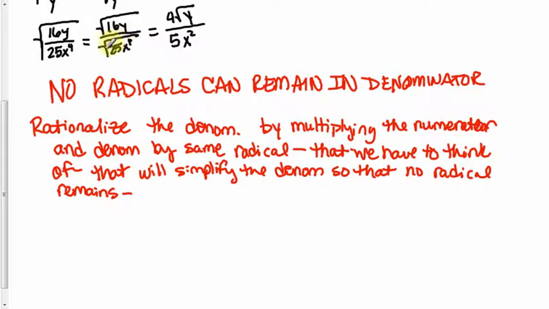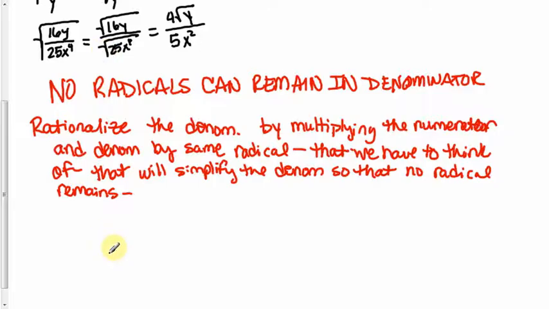We want it to be cube rootable if there's a cube root down there. We want it to be fourth rootable if it's a fourth root down there. So you want to be able to take that root of whatever is under that radical. And if there are not enough factors of that under there, then we are going to multiply by how many we need to make it happen. Okay?